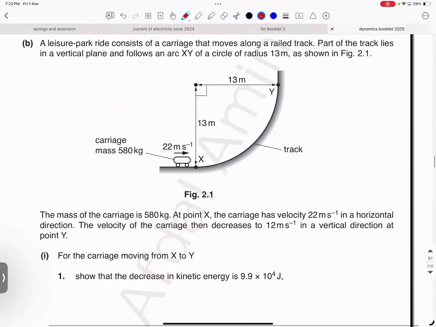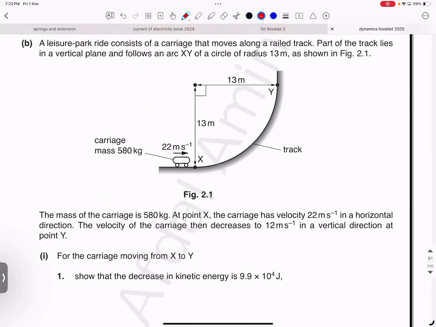A leisure park ride consists of a carriage that moves along a rail track. Part of the track lies in a vertical plane that follows an arc XY of a circle with radius 13 meters as shown.